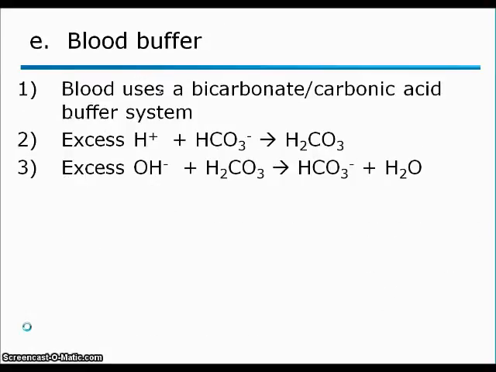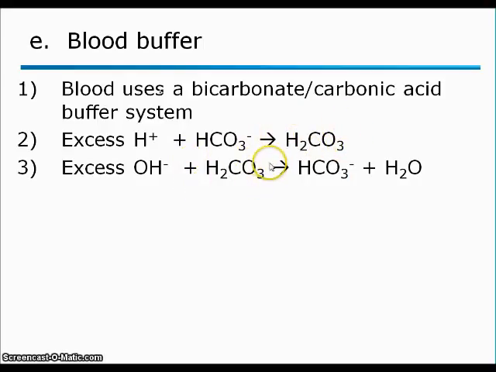So here is an example of how your blood uses a bicarbonate and carbonic acid buffer system. So extra hydrogen ions, so that's acid. If we have too much acid, it will bond to form this bicarbonate. And then if we have excess OH, that's base, it can, see that ion right here, H2CO3?